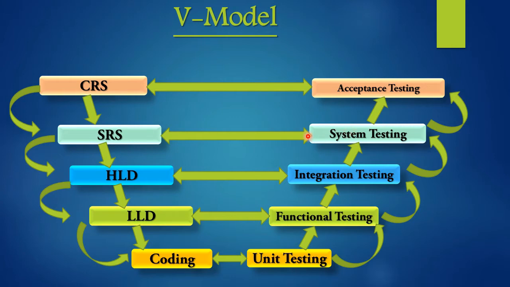After SRS, the architect designs the high level design, that is HLD, and low level design, that is LLD, and the testers are involved in writing test plan and test cases for integration testing and functional testing respectively.